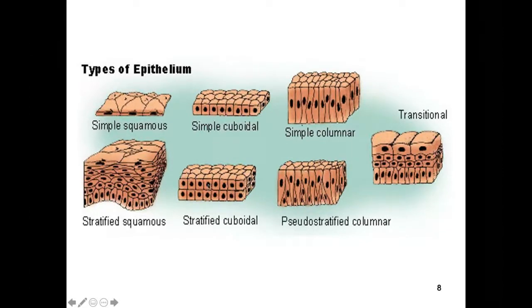Here's one layer, here's two. Notice the nuclei are very centrally located. Now we apply this concept to squamous. Let's look here. We see one cell layer thick of these flat, irregular shaped cells, simple squamous. But here's the basement layer, and up here is the apical surface. So we see about 1, 2, 3, 4, maybe about 5 layers of those squamous cells.